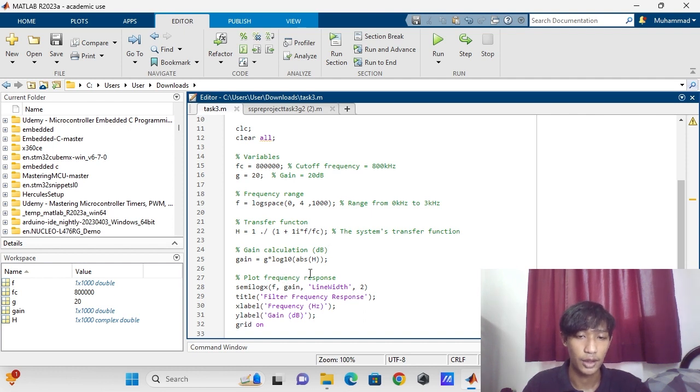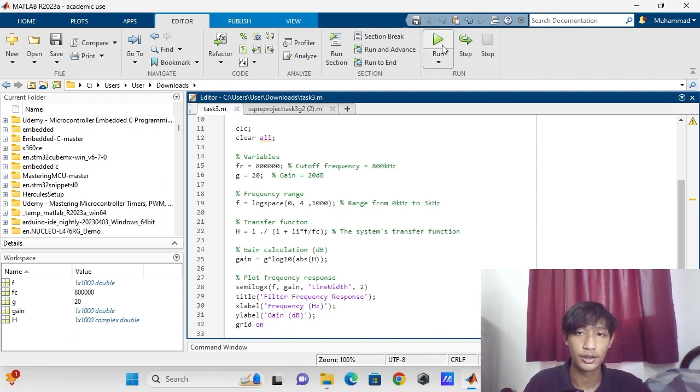After calculating the gain, we can plot the frequency response by using the semilogx function. f is where we set the frequency range, and gain is what we calculated before. Then we assign the title, the label for the x-axis and the label for the y-axis, and we write grid on to turn on the grid.